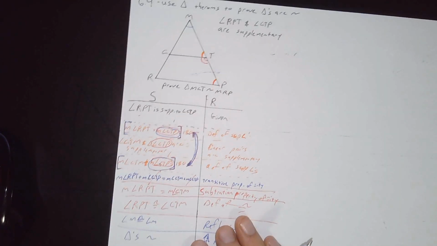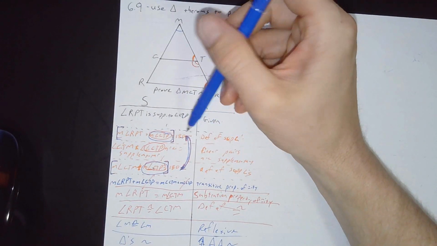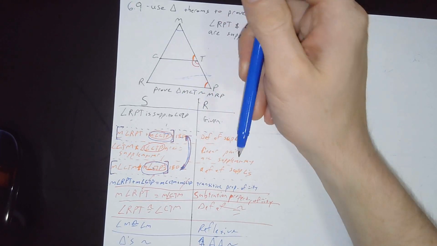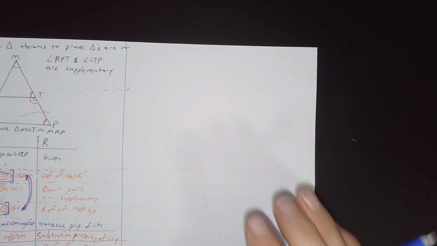All right, so that one was a little bit more complicated, right? You had to use transitive property, a little bit of substitution, because of the supplementary thing. Pretty cool, huh? I thought that was cool. Little brain teaser there. All right, now I'll pause it and prepare the next one.